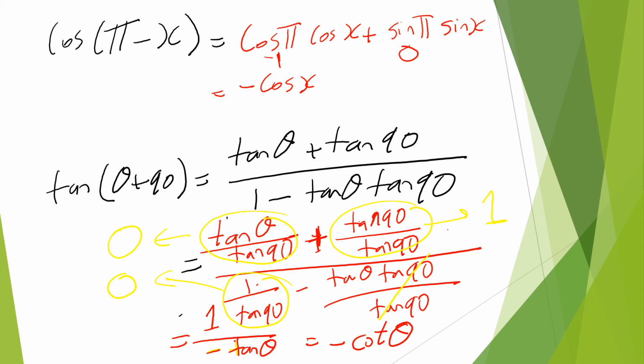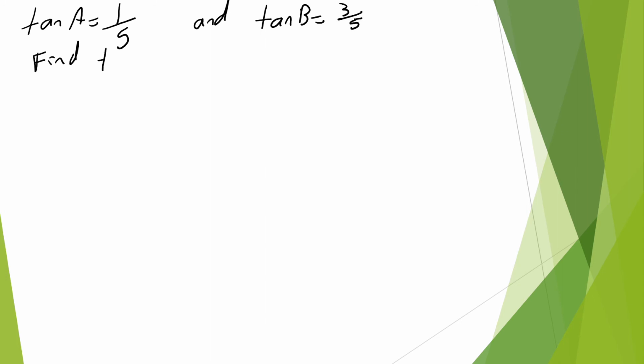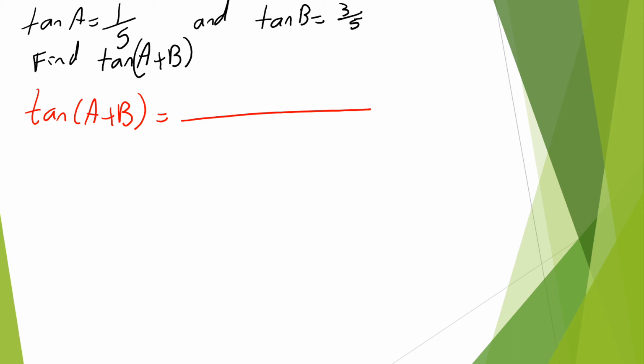You can also substitute values. For example, if tan A equals 1/5 and tan B equals 3/5, find tan of A plus B. Obviously you will use the identity, with the opposite sign in the denominator.